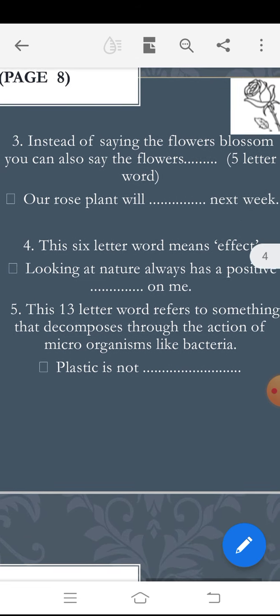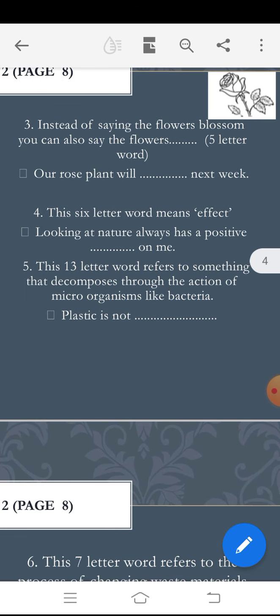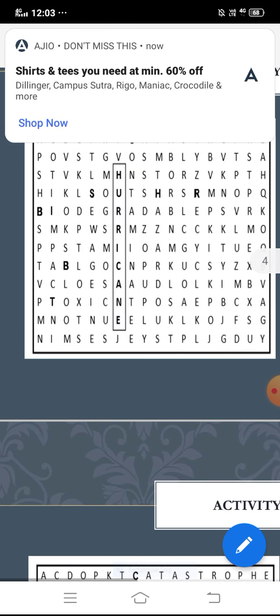Let's move on to the next one. This 6-letter word means effect. So effect means if some action incites a reaction in you, that is effect. So looking at nature always has a positive effect on me. So which is the 6-letter word which means effect here?